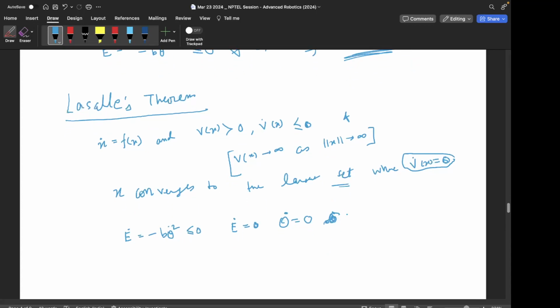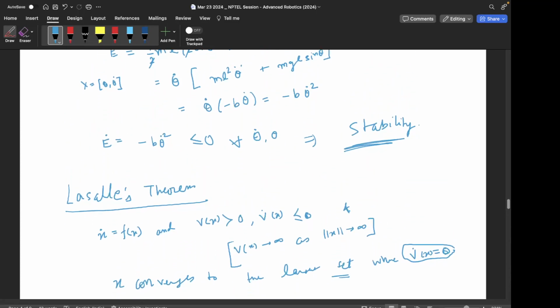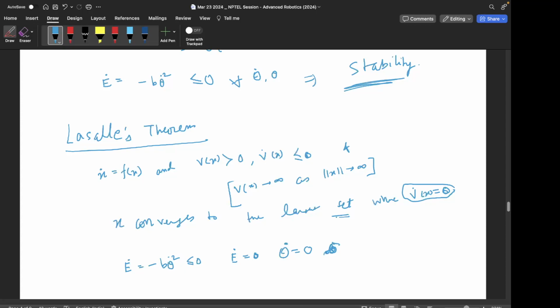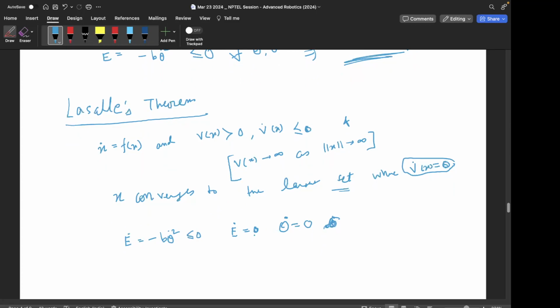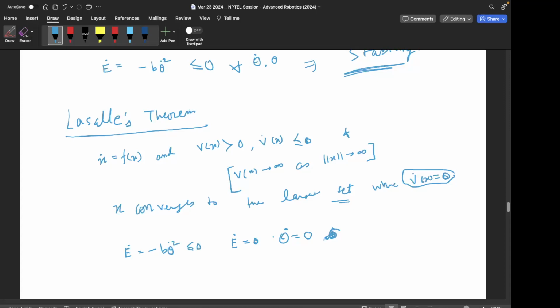So this means that the set we are talking about in this theorem contains only one point, right? The idea is that that's the point to which the trajectories will converge, and since there is only one point, it automatically becomes a case of asymptotic stability.